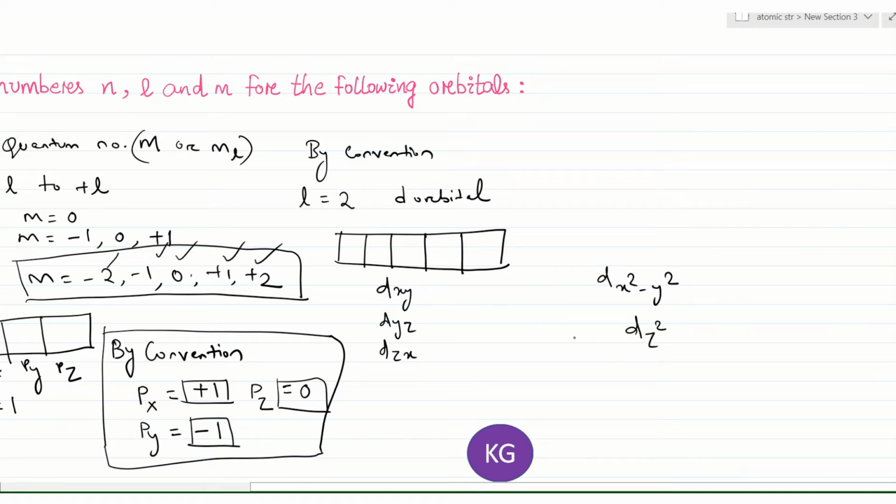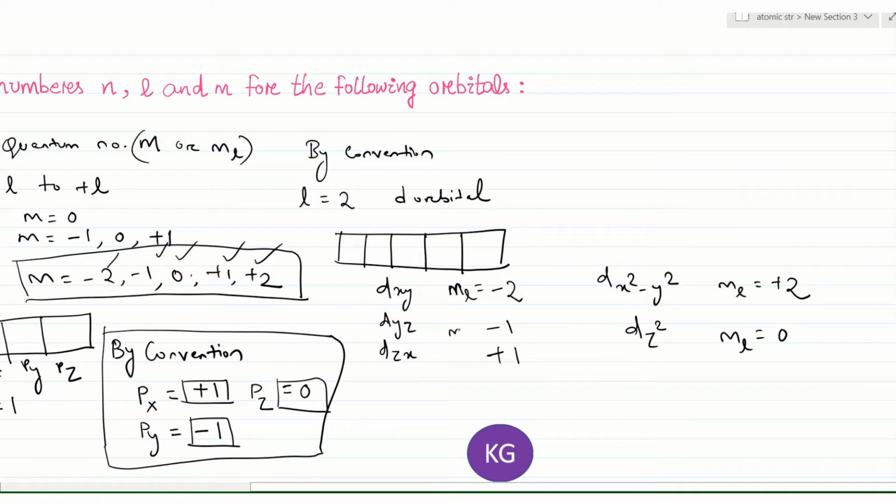By convention, the ml value for them: for dxy this is -2, for dx square minus y square this is +2, for dz square this is 0, for xz this is +1, and for yz this is -1.